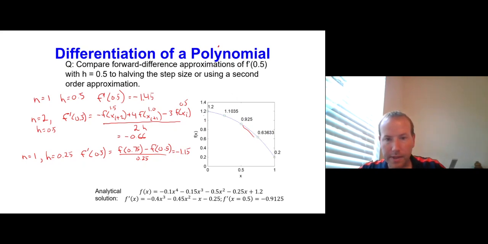Okay, so what we see is that in this case, the smaller step size method is the one that gave us the best results. It was better than a larger step size, and it was also better than taking a higher order method. That won't always be the case. It's going to be problem specific.